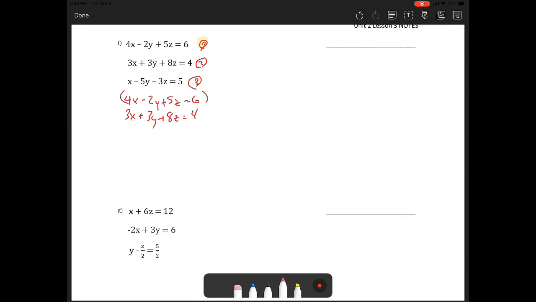I want to cancel my x's, so this one's going to be times 3, this one's going to be times negative 4, and I'll end up with 12x minus 6y plus 15z equals 18, and then I'll have negative 12x minus 12y minus 32z equals negative 16.